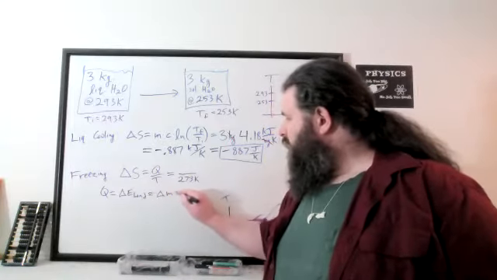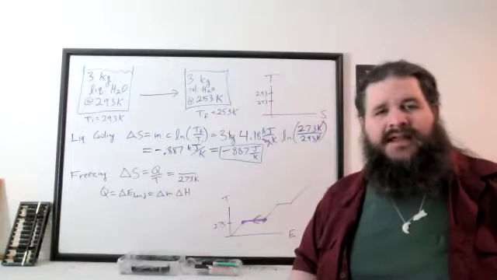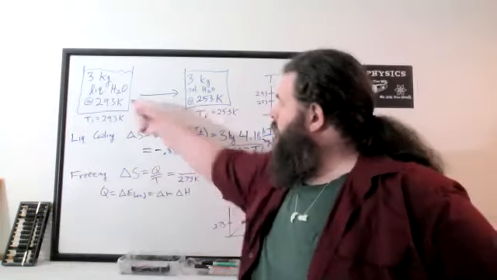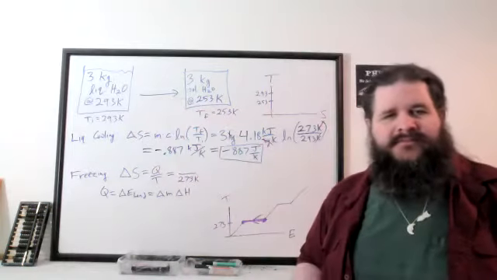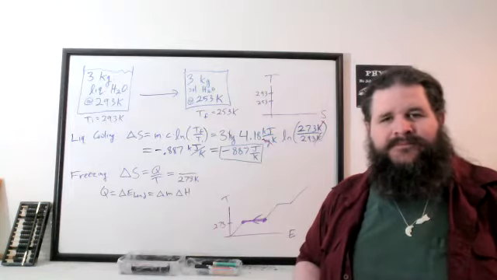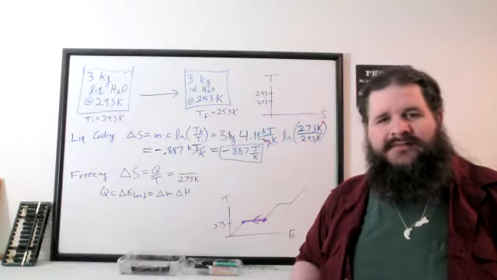For that, we'll use our usual delta M, delta H. And we want to use, as usual, mass of the higher energy state, mass of liquid. How much does the amount of liquid change from start to finish? How much liquid do we start with and how much liquid do we end with?